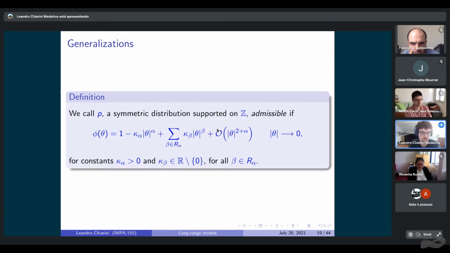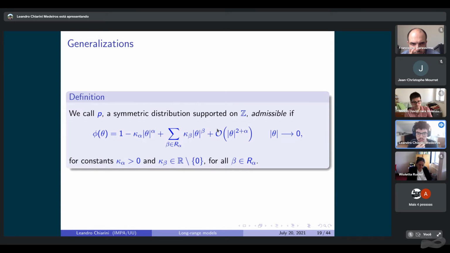It's closed under convex sums, it's closed under convolutions. So we call a distribution which is symmetric on Z^d admissible if we can expand its characteristic function. And again, this relies on this idea of cumulants.